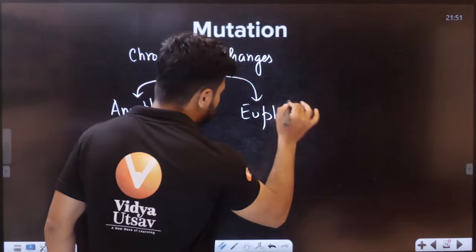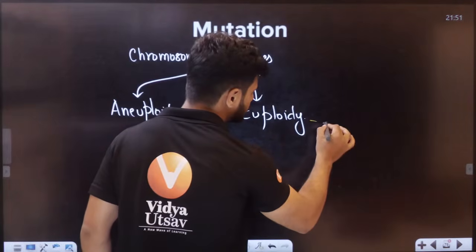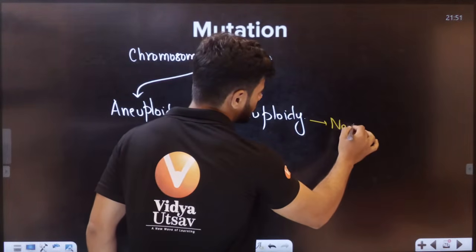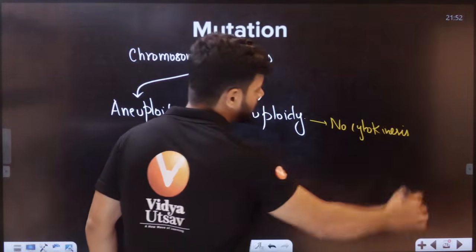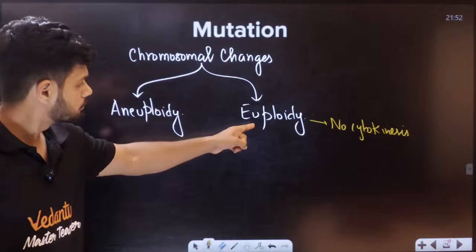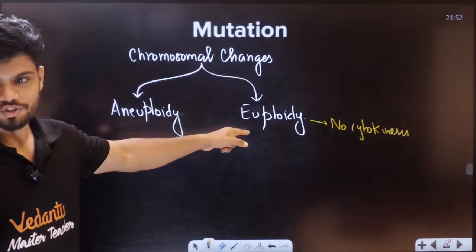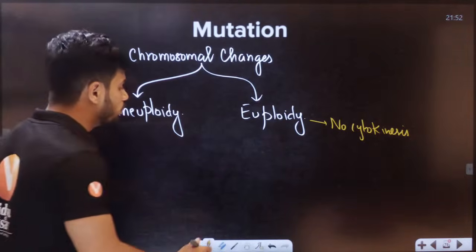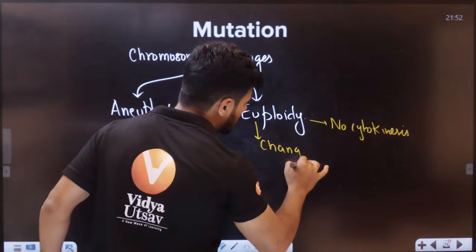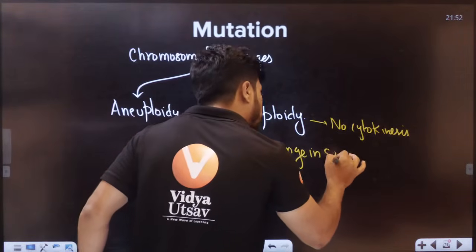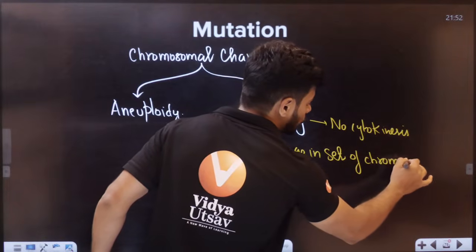Students, this euploidy is mainly because of no cytokinesis generally. Whenever there is no cytokinesis, that can lead to euploidy. In euploidy, there is a change in the entire set of chromosomes.